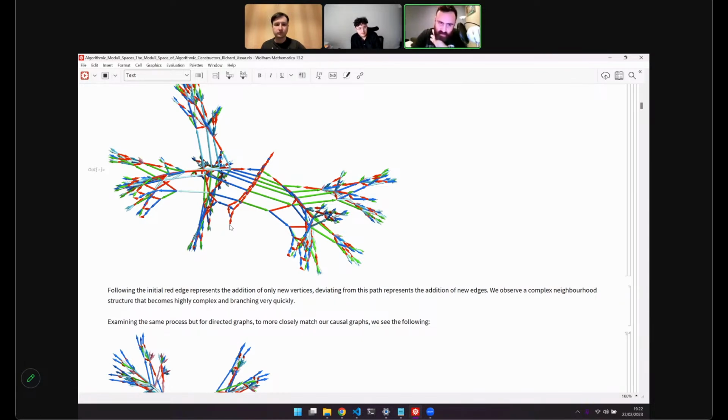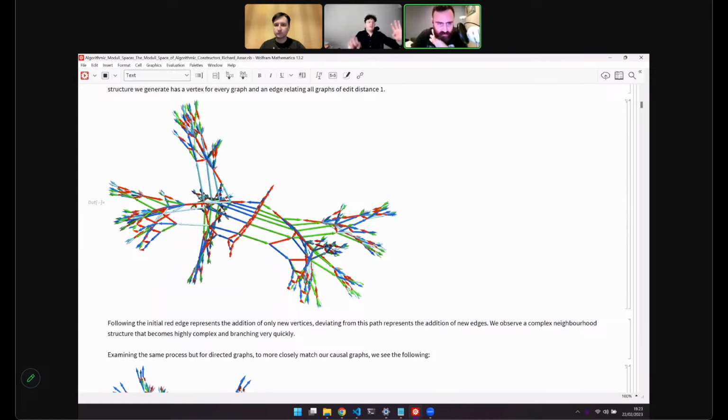The initial node here is the empty graph, and then down this path is just adding a new vertex. Anytime you deviate off this path, you're adding an edge, adding a previously non-existent edge. So it's one step at a time.